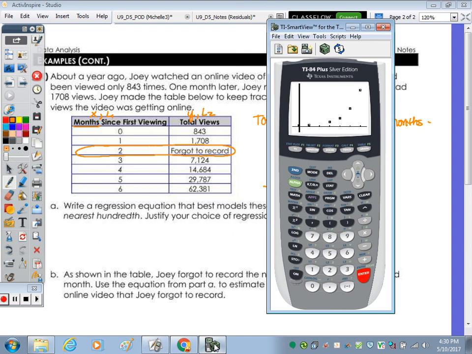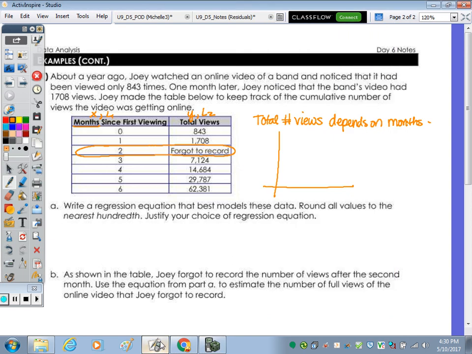Take another quick glance. So when I write a regression equation, I'm going to run an exponential regression.